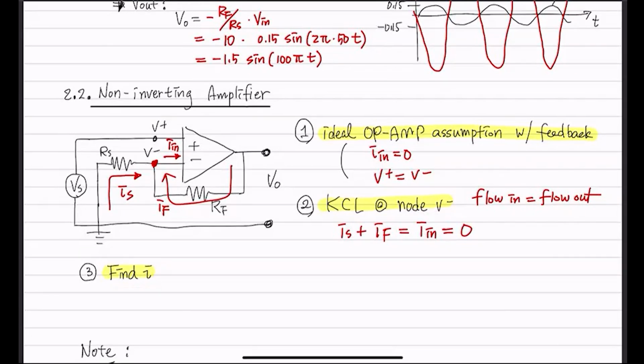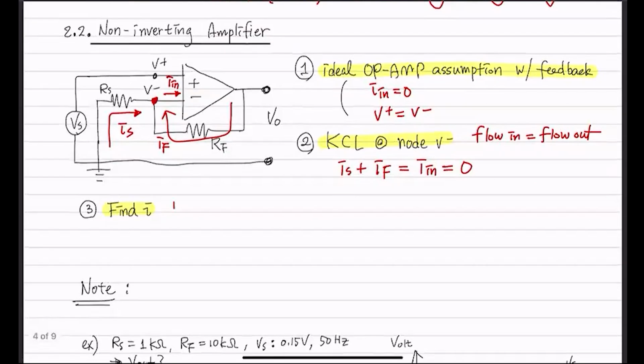So IS is nothing but the current flowing from here to there, right? The voltage at this point is 0 because it's at the ground, and that is flowing to V negative, divided by RS. And IF is what?